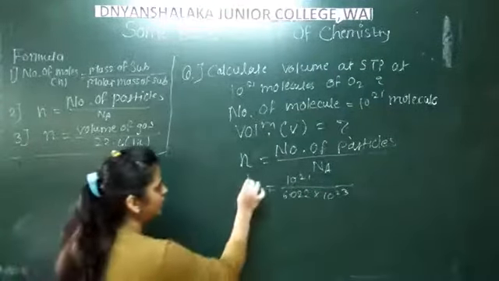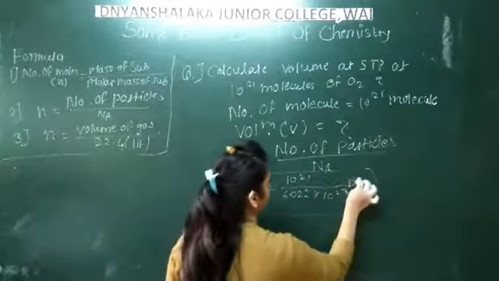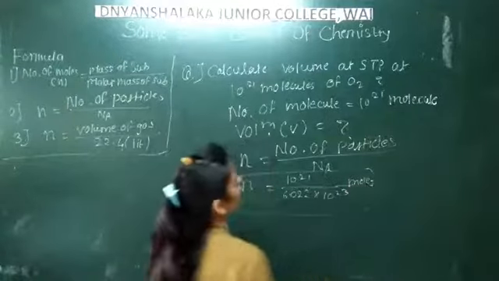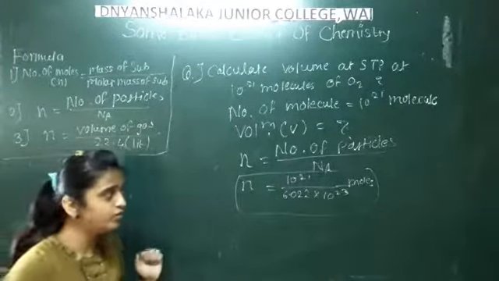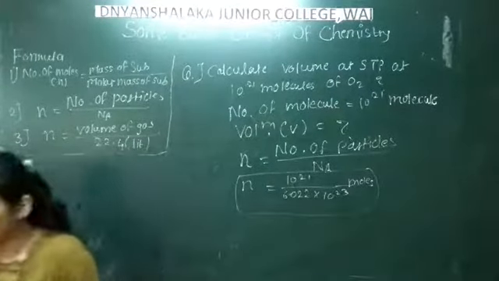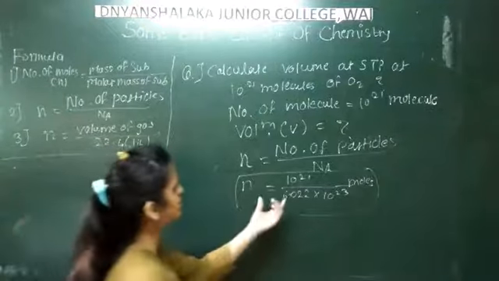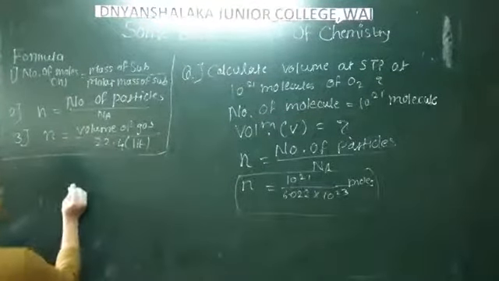So we get the number of moles of oxygen as 10⁻21 upon 6.022 into 10⁻23 moles. Using this number of moles, we calculate the volume of gas.